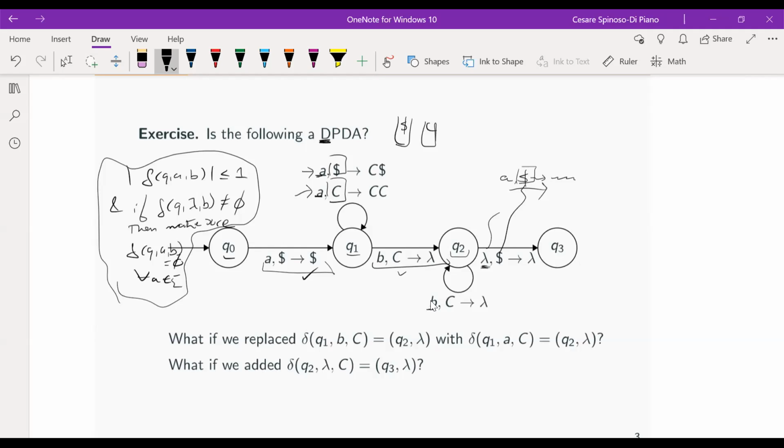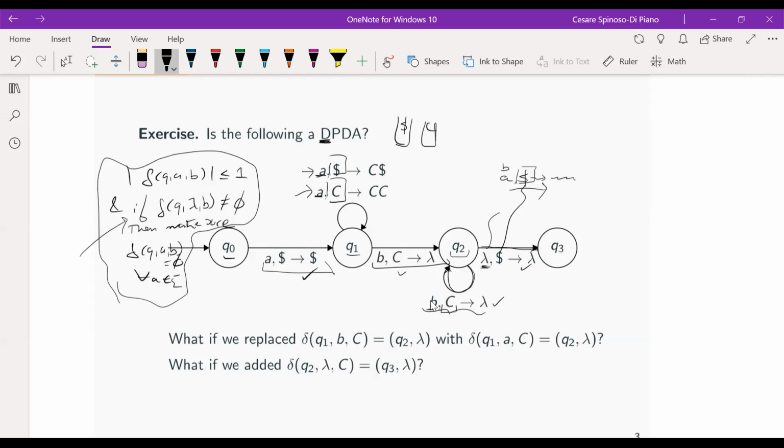So it can't have, for instance, A or B. But if we look at the other transition, that doesn't happen, because when you read a B, you need to see a C at the top of your stack. I'll get to your question in a second. Because this rule is satisfied for this transition, and there is no other transition for B, this is going to be deterministic.